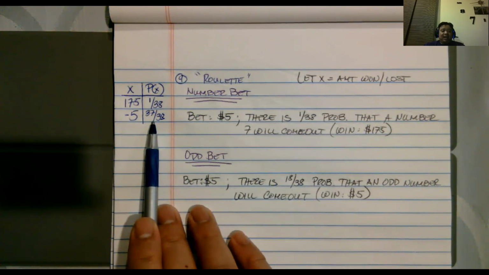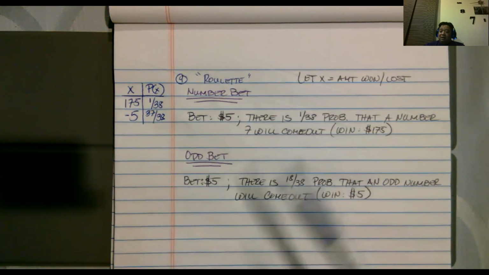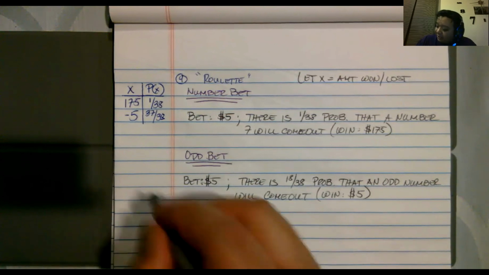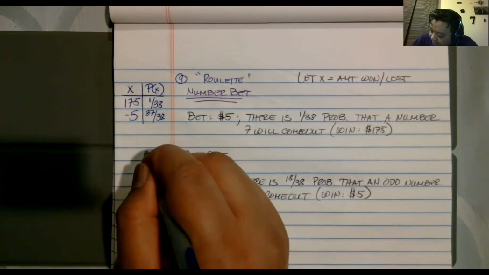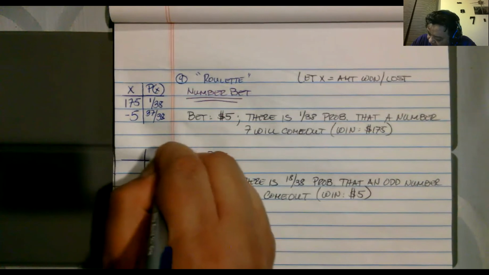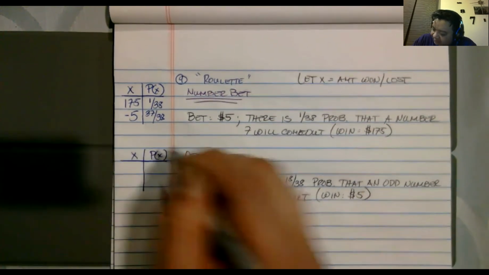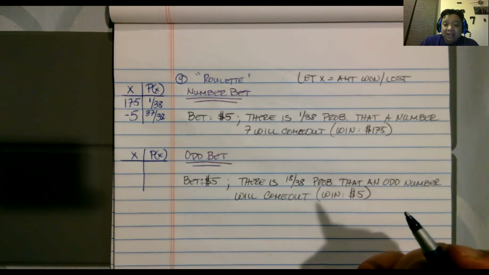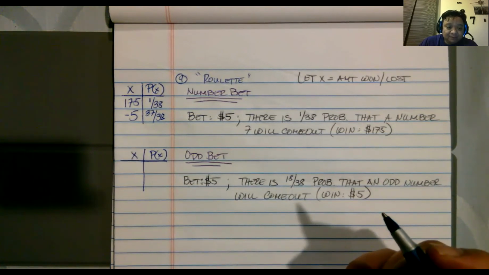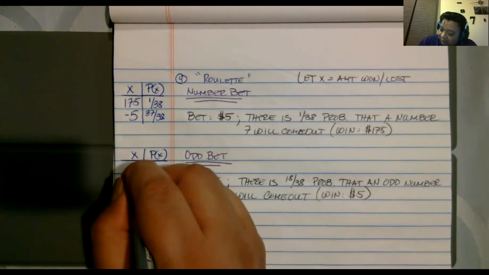Okay. Any questions on these? Okay. Now let's do the other one. So let's create a table. So x, p of x. If you win, how much do you win? It's 5, right?